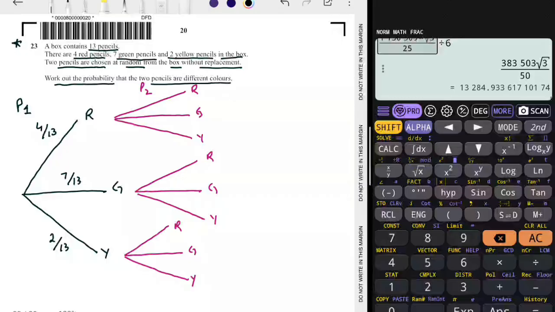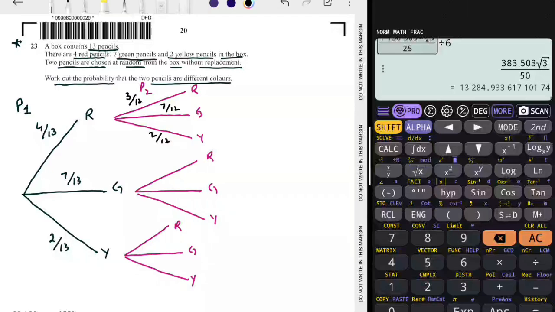In the first branch, we are going to draw red, as this is a without replacement case. So red would be 3 and the total will also be affected, that will be 12. But we don't have to do anything with the green and yellow pencils. So it will be 7 by 12 and 2 by 12.